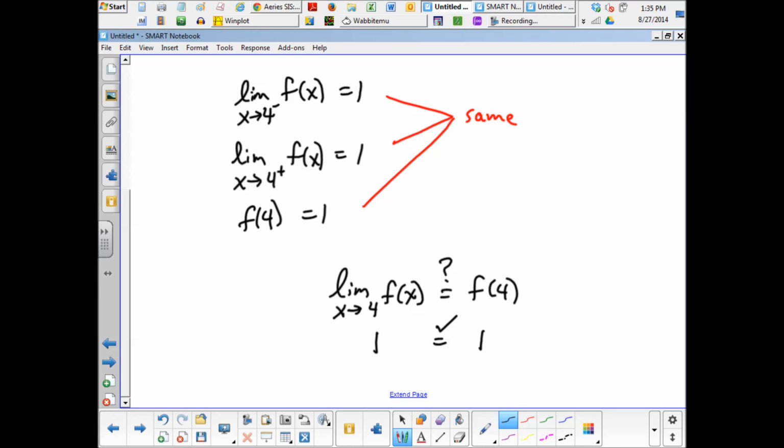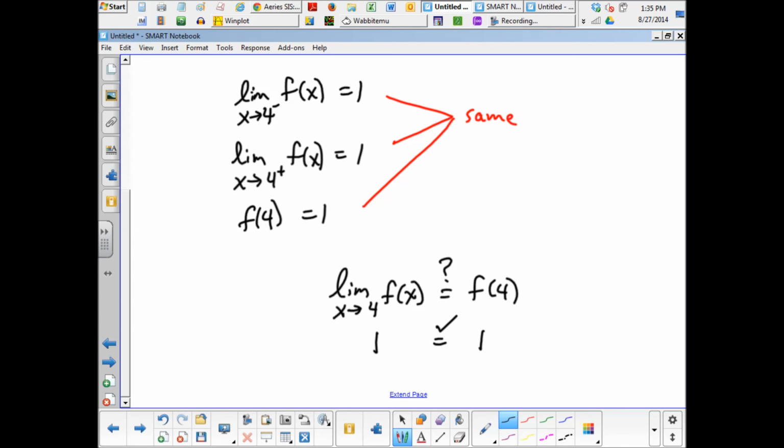I personally think the first is a little bit better. This shows the left limit, right limit, they're both 1, f of 4 is 1, everything's in agreement. This is a very abbreviated version of that. It may or may not fly. The graders might like it, or they might see it as a little bit shallow. It doesn't have all the details that the other has. Okay?